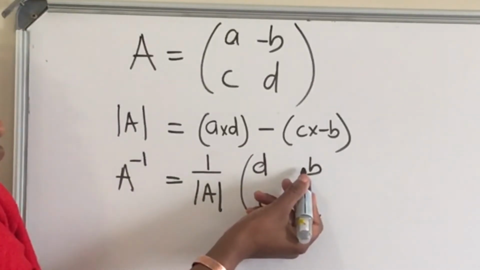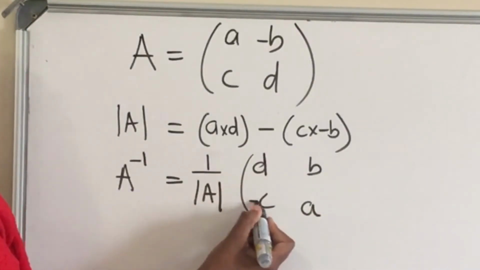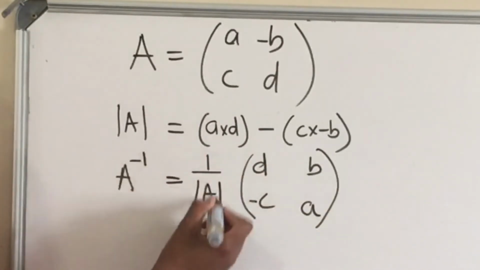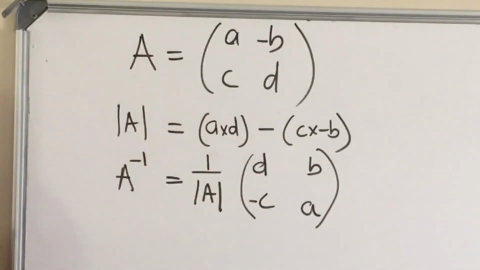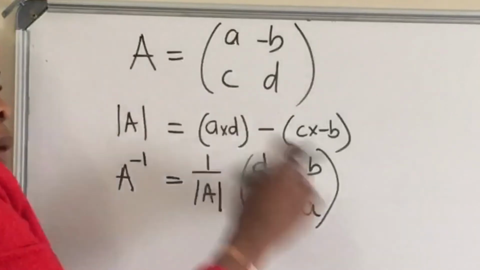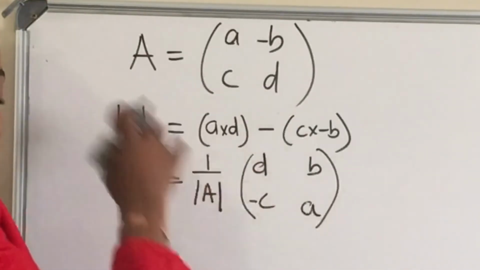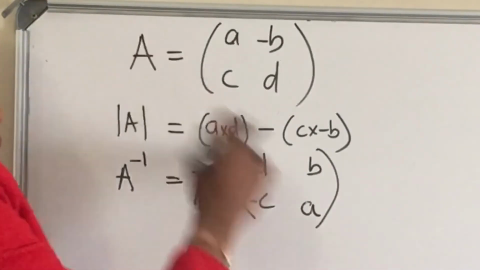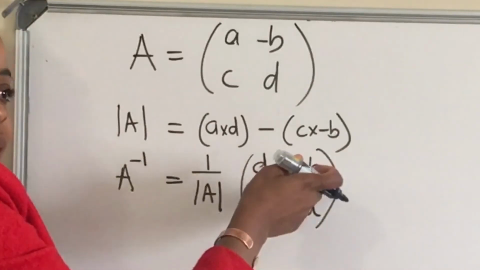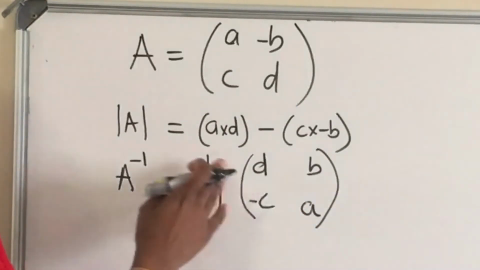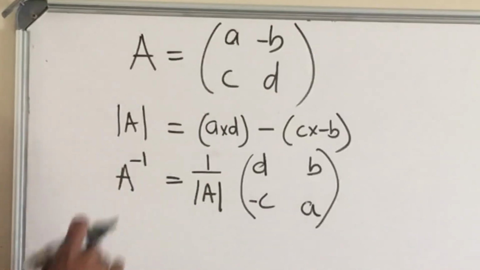If it was negative, it becomes positive. If it was positive, it becomes negative. Then I multiply that with 1 over the determinant to get the inverse.